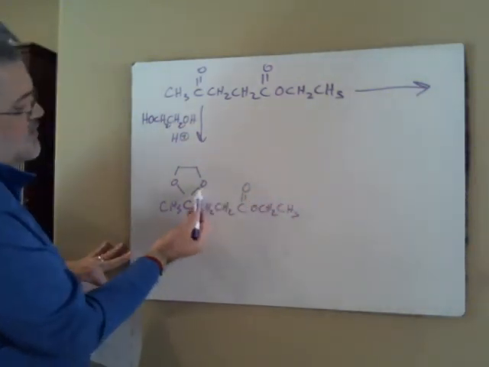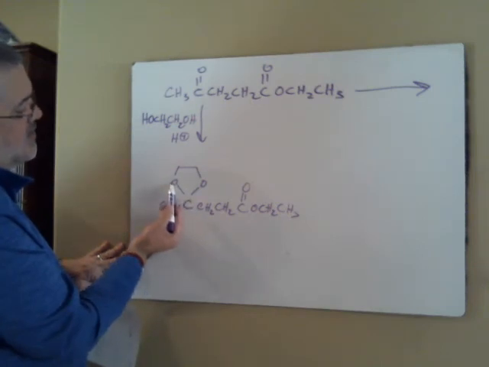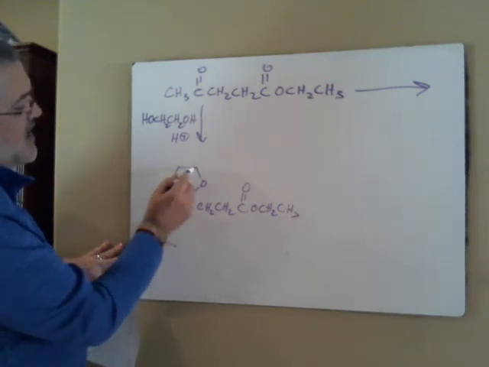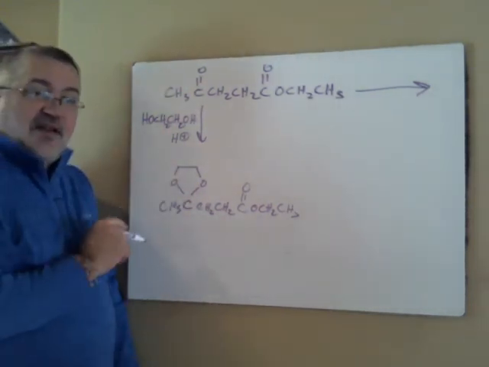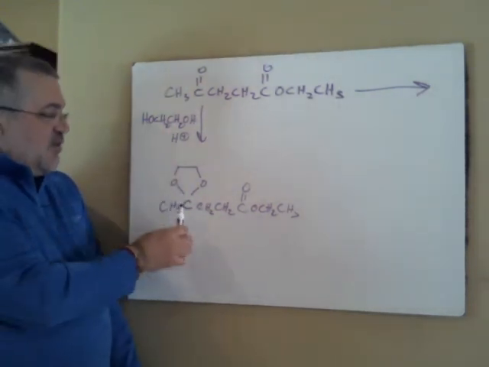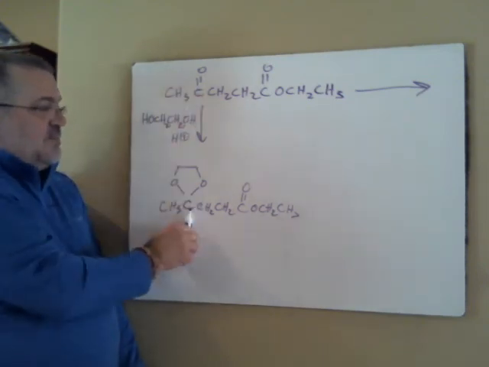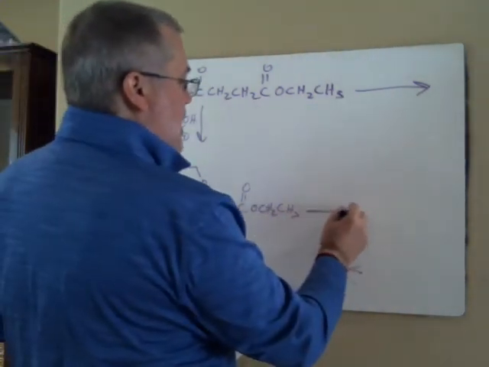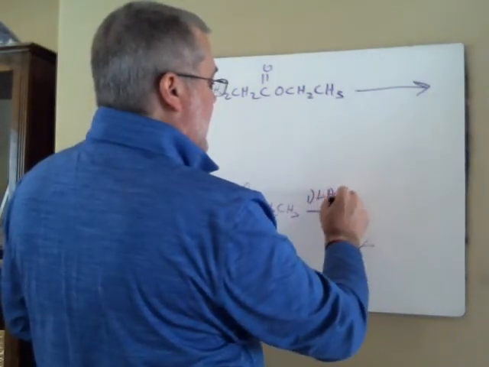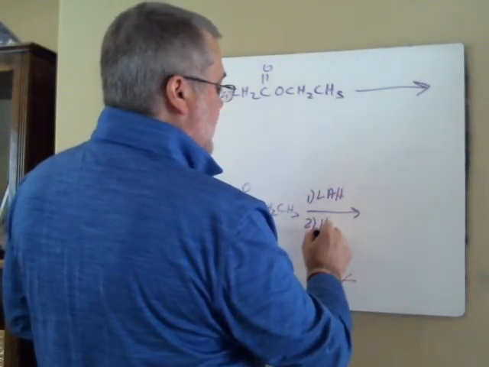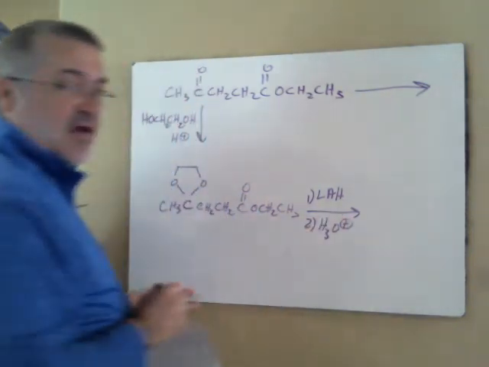See, one equivalent of alcohol added, and then the second equivalent of alcohol added, they just happen to be connected together. So you end up forming this little cyclic acetal. That protects the ketone, because now I can reduce this with LAH followed by aqueous acid workup.